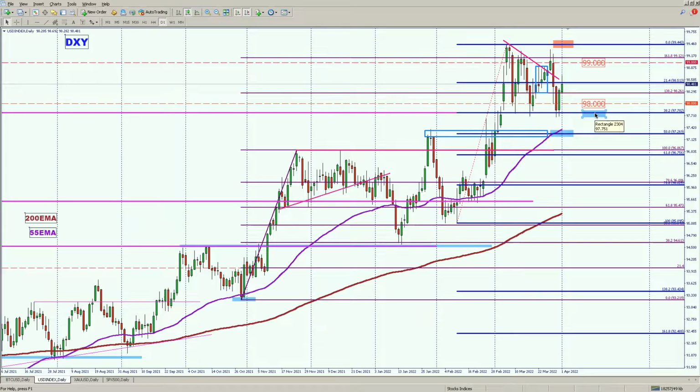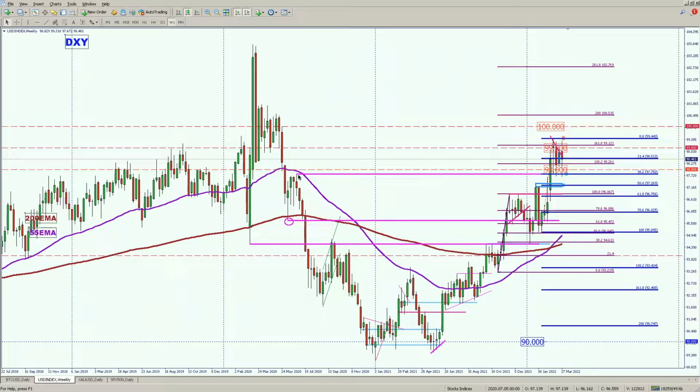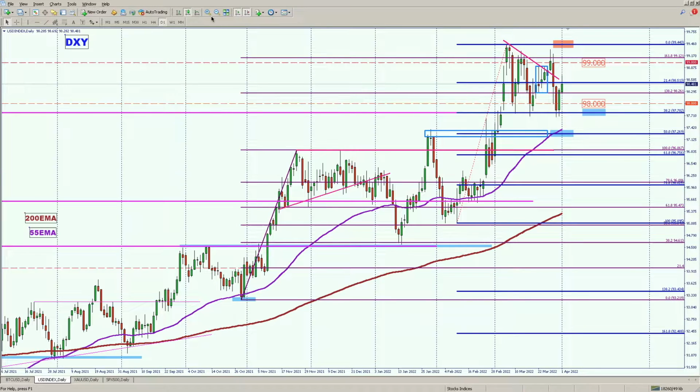That's still going to be a significant area of support, along with this previous swing low, I guess. Let's see, it was a swing high up here, right, which aligned with the 38 fib. It did not drop lower down to the 50 fib. There's a significant support zone here.